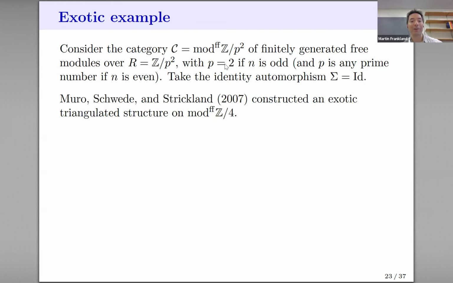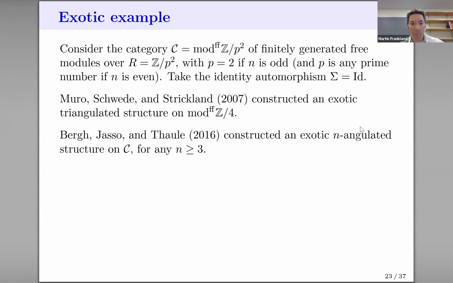That may be familiar because it is the exotic triangulated category that Muro, Schwede, and Strickland produce. They constructed this triangulated structure on the category of finite free Z mod 4 modules with the identity as the suspension. Well, it's exotic in the sense that it doesn't come from some stable model category. In particular, it's not algebraic.